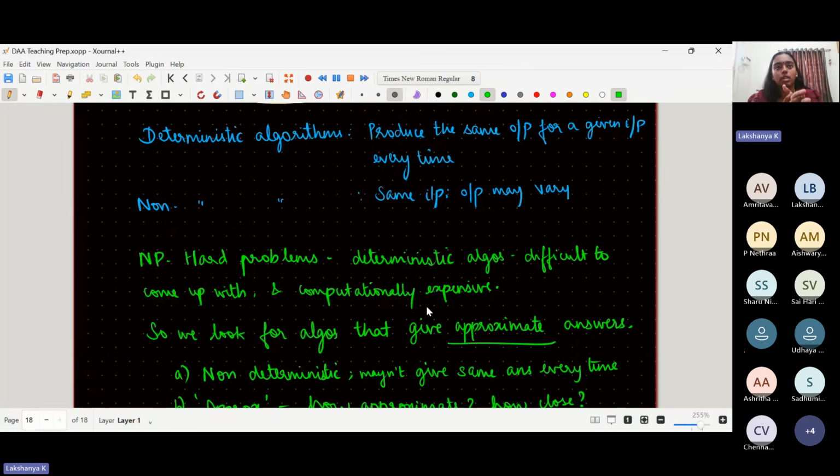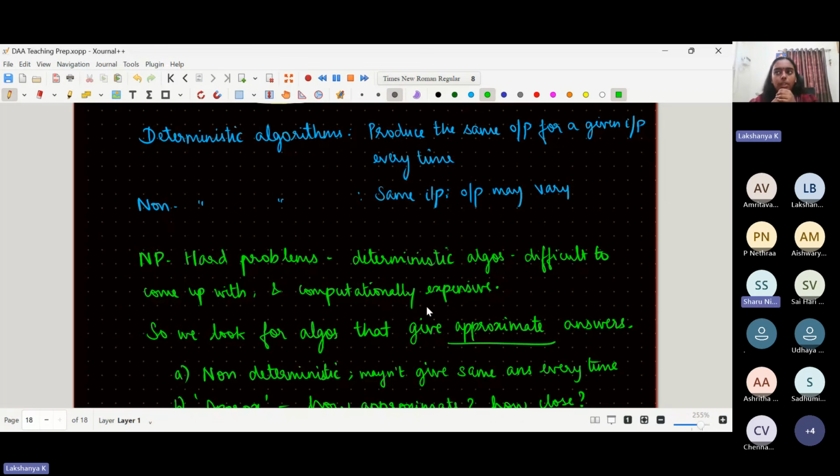If this is the input, this is the only output. However many times you run it, on whichever system, whatever time of day, CPU, operating system or programming language, a deterministic algorithm will give you the same output for an input every time. Non-deterministic, not really. Between the first time you run and the second time you run, the output may vary.